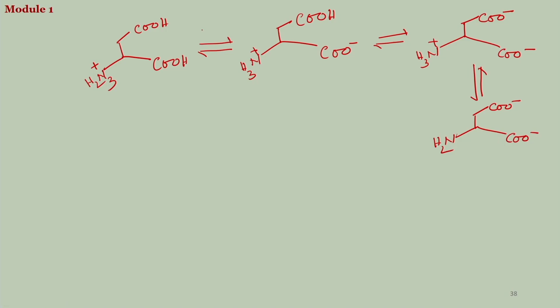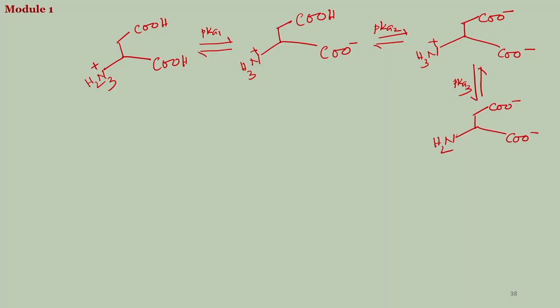This is pKa1, pKa2, and this is pKa3. Now the question is, which steps you will consider to calculate the pI.